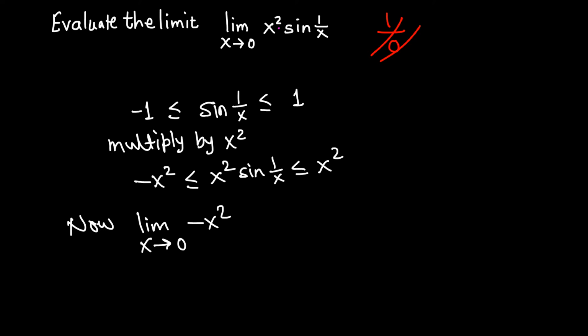Plug in 0 because this is simply a polynomial, so 0. And the limit as x goes to 0 of the far right, this x squared, is also 0. That means the limit of this expression is squeezed between 0 and 0. That means the limit is in fact 0.